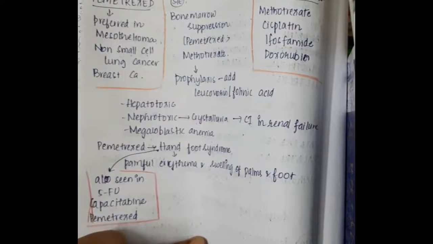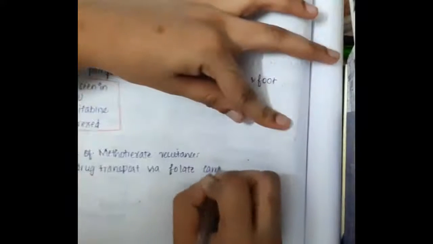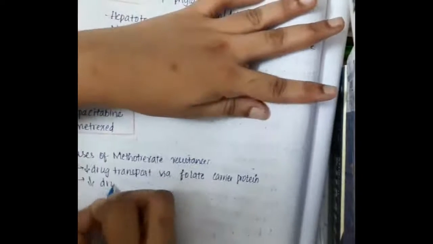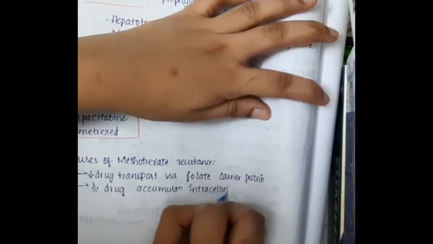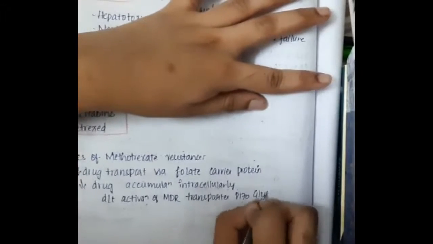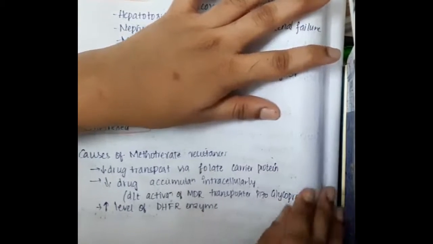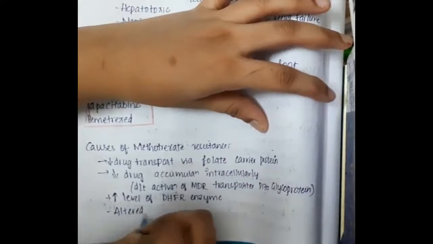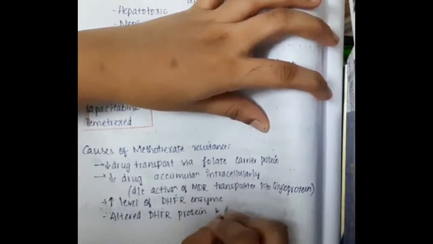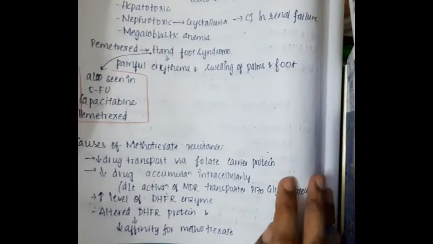Resistance can occur because of decreased drug transport via the folate carrier protein, or decreased drug accumulation intracellularly mainly due to activation of the MDR transporter P170 glycoprotein, or increased level of dihydrofolate reductase enzyme, or altered dihydrofolate reductase protein, which decreases the affinity of methotrexate.